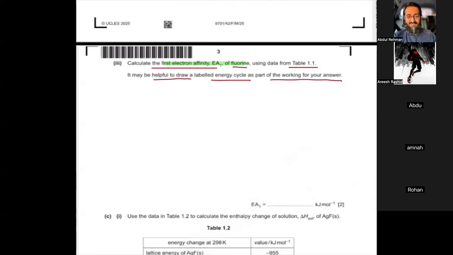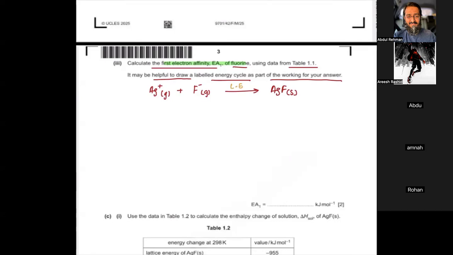So, for example, what we know is that when I have an Ag+ ion in the gaseous state and a fluoride ion in the gaseous state, and they turn into silver fluoride, the enthalpy change of this equation is represented by lattice energy.